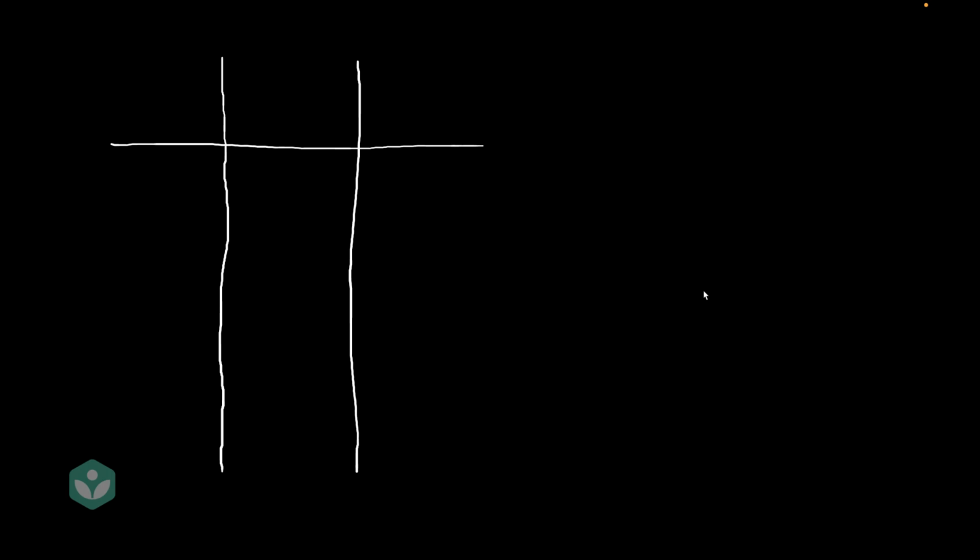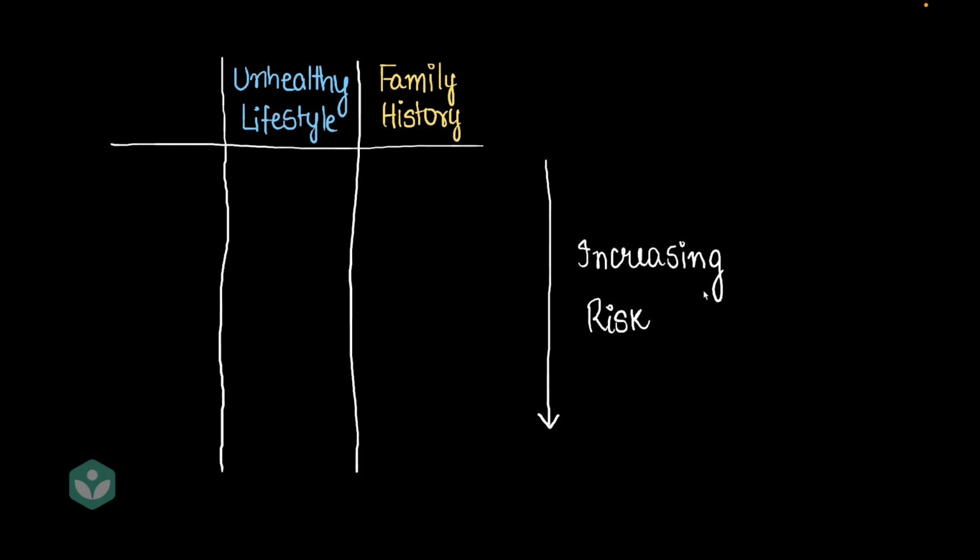So, the two factors we picked were unhealthy lifestyle and family history of diabetes, right? Now, what we're going to do is list out all these four cases in an increasing order of risk. So, for people who do not live an unhealthy lifestyle, they are exercising, eating healthy, and who do not have a family history of diabetes, these people, like Sadik, are the safest, right? Next, we've got people who do not live an unhealthy lifestyle. They are constantly exercising, eating healthy, but they do have a family history of diabetes.